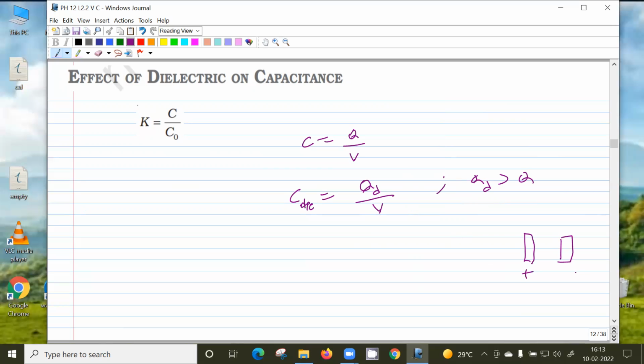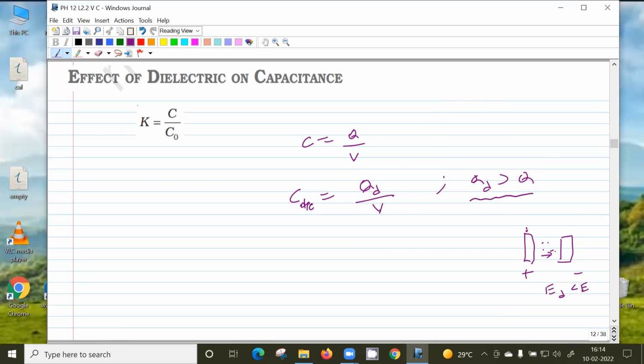This is a positive plate, this is a negative plate. Okay, so when the dielectric is present, the electric field inside is less, right? Yes, sir. Because there will be some cancellation because of the dielectric polarization. So to have the same potential, I have to create the same amount of electric field. To create the same electric field when the dielectric is present, the charge here should be more. Okay. Yes.